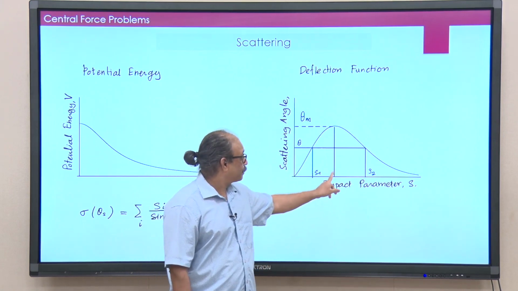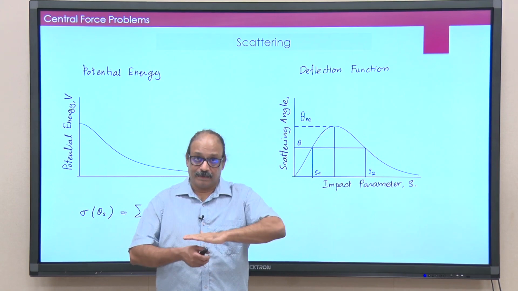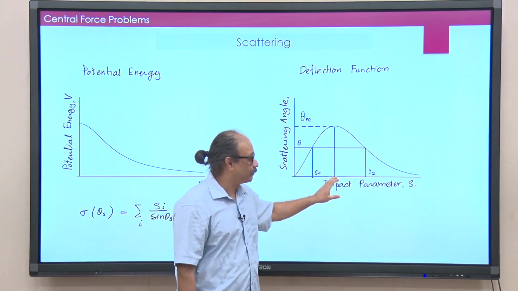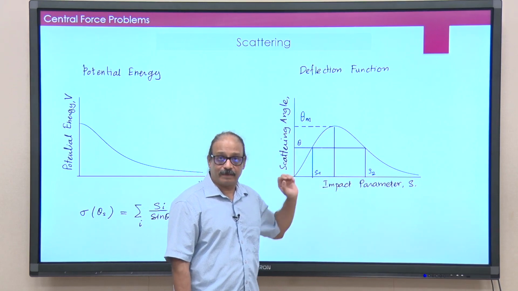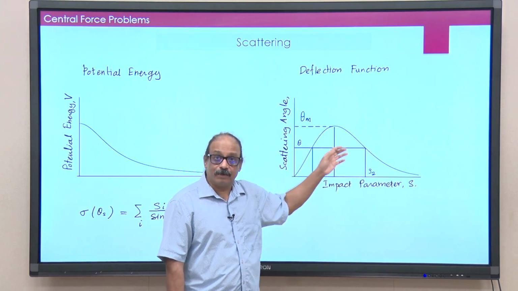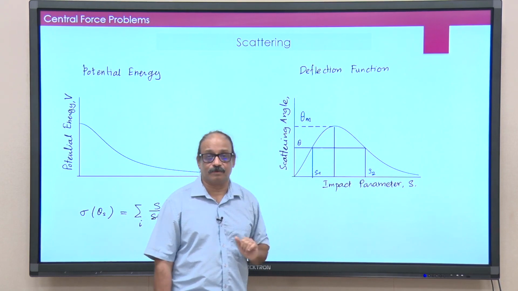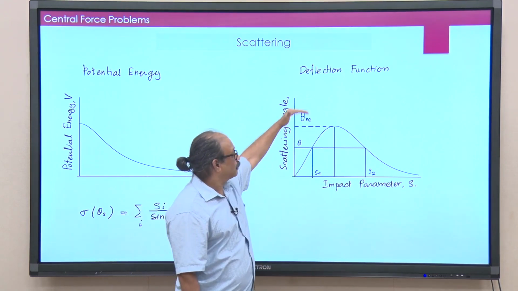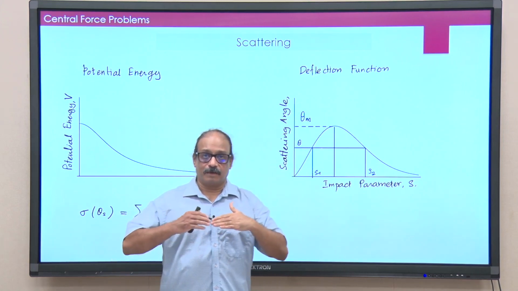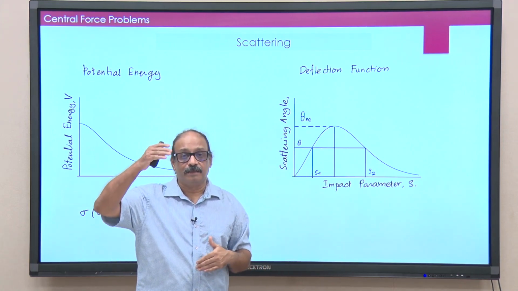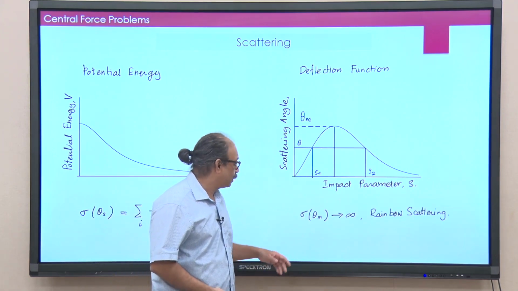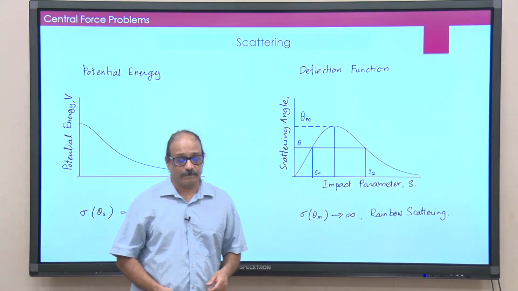Near this impact parameter or near the theta m angle, your differential scattering cross section is infinite, and beyond that it is 0, because after that there is nothing there, there are no scattered particles in that region, where theta is more than theta m. So, differential cross section becomes infinite near theta m, and after that there is nothing, and this one particularly is called rainbow scattering. Okay.